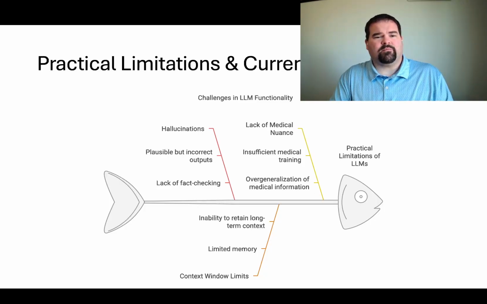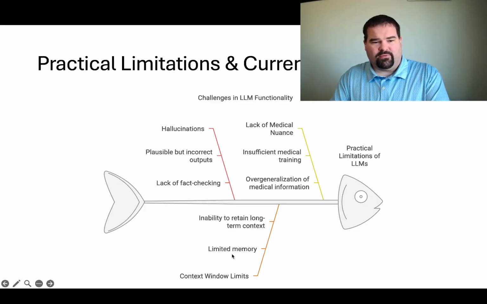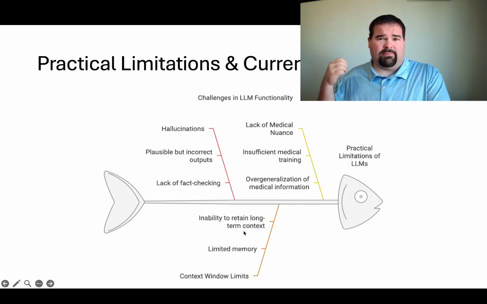And so we have limitations with how we approach our memory. We have limitations in long-term context because large language models, if I pass it in a million different tokens, it's going to be able to answer questions about any of those million tokens.